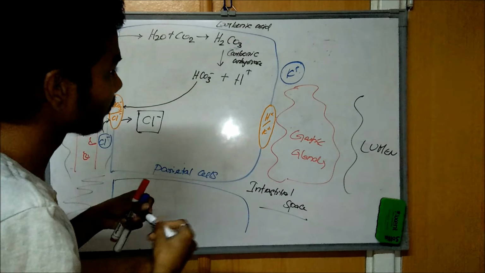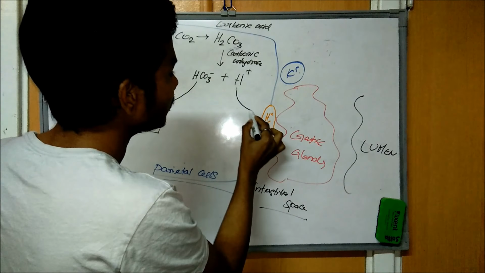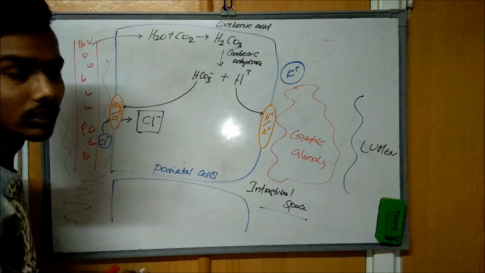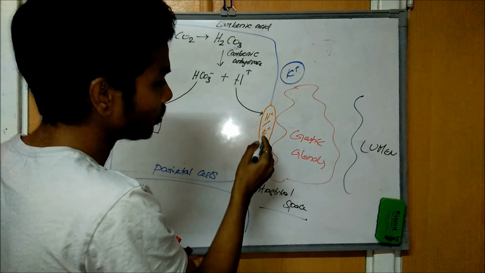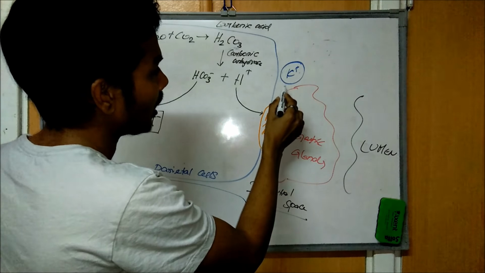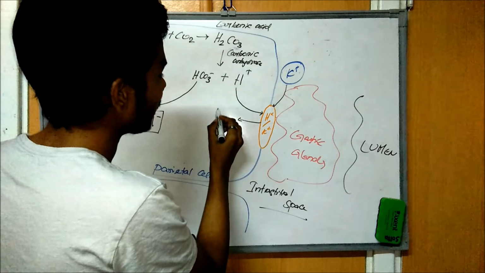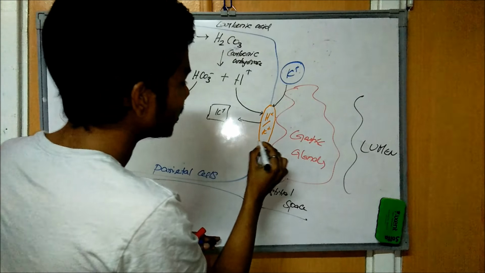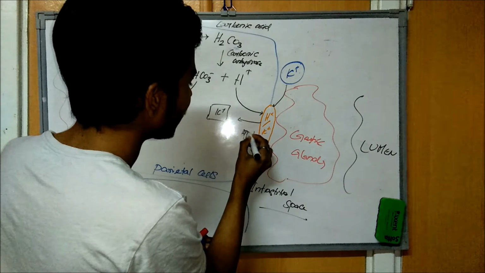Like this, the hydrogen ion will go out of the parietal cell to the interstitial space through the proton pump, and this potassium ion will enter into the cell through the proton pump, which will use the ATP.